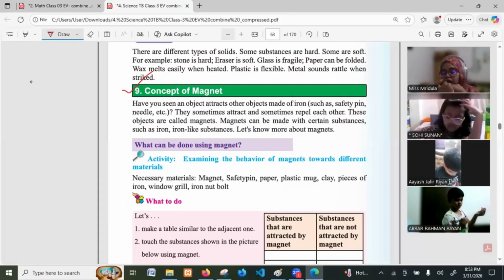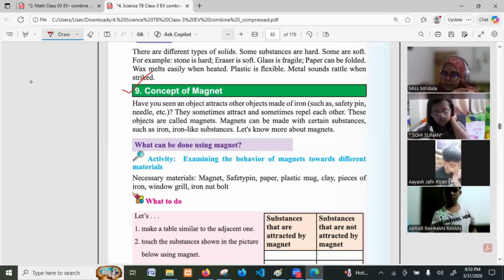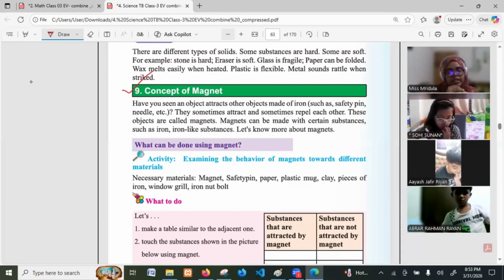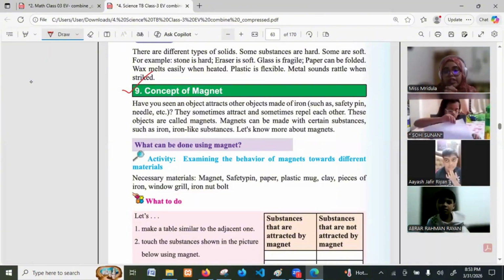So, do you think the first magnet that was discovered was made by somebody? Was it a man-made thing, or is it a natural thing that they got? It's a natural thing, yes. Whoever discovered it, I guess it was from a cave or something like that. Okay, so it was found under the ground.